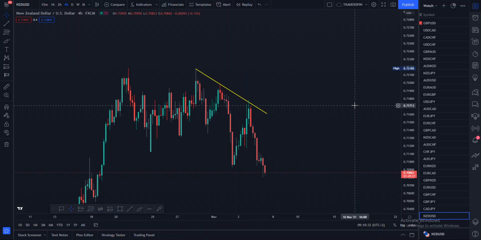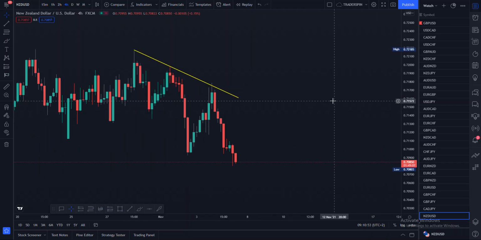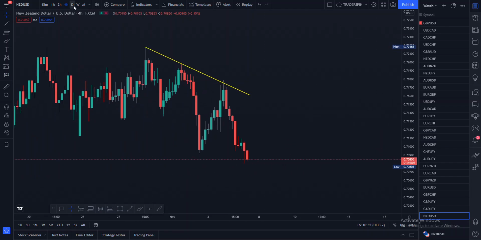And NZD USD was one of those trades where I actually knew it was going to. In fact, each and every setup that I take using this strategy, to me it's a sure trade, because I'm confident about the strategy.